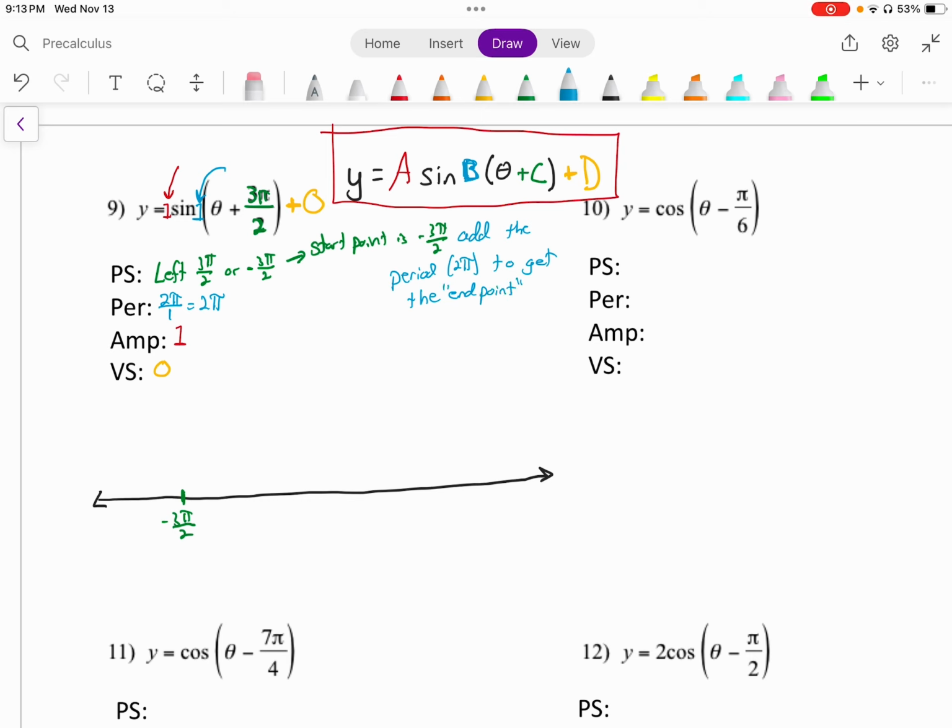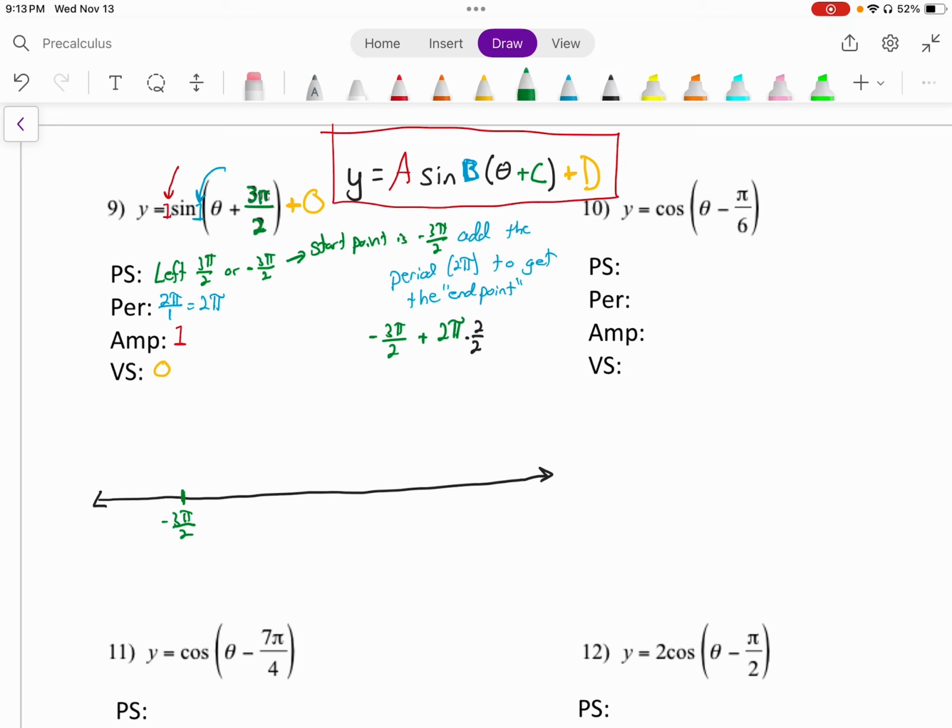All right, so before we just took 0 and added 2, which was easy, but we have negative 3 pi over 2 plus 2 pi. Some of you will be able to do this quickly. Some of you might be like, well, I'm going to get a common denominator. If you can do it quickly, great. I'm going to show the other way just in case. So we need a common denominator. So we have to multiply this by 2 over 2.